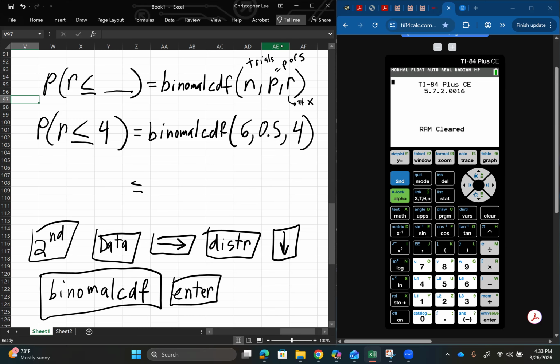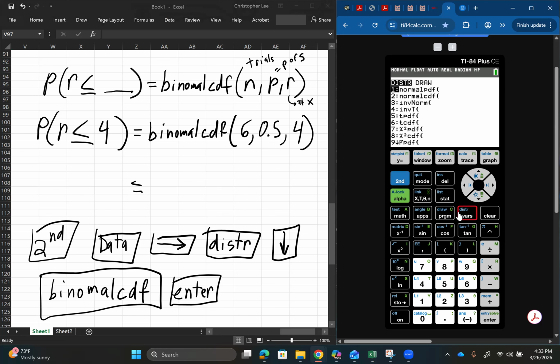Okay. So if you're using the 83 or the 84 or whatever, you're going to go second and then distribution. And then you want to go down to where it says binomial CDF. And then you're just going to enter in these numbers. So my trial was 6.